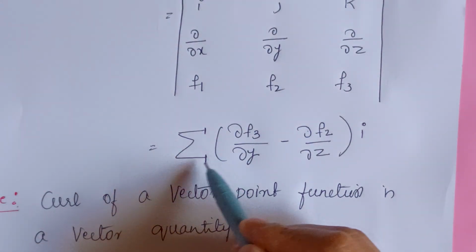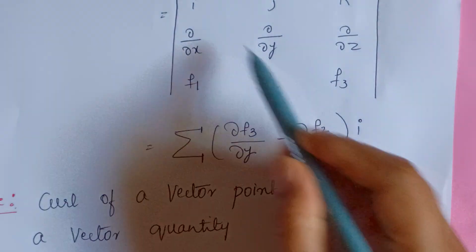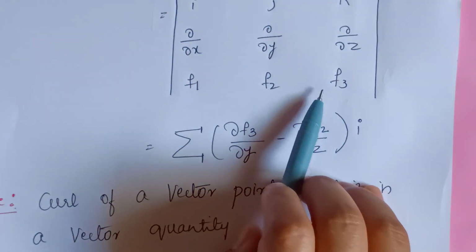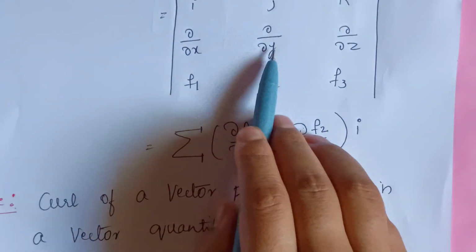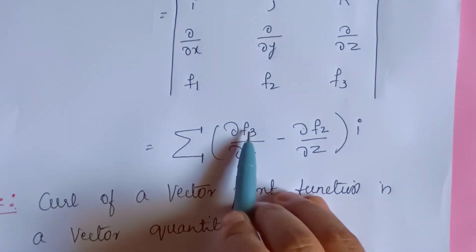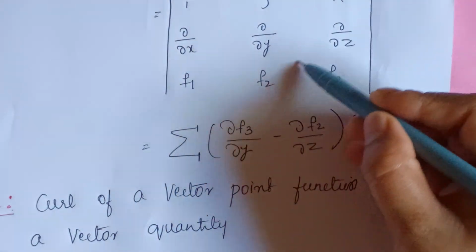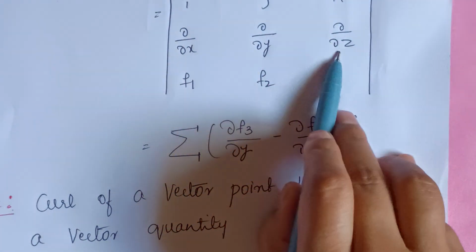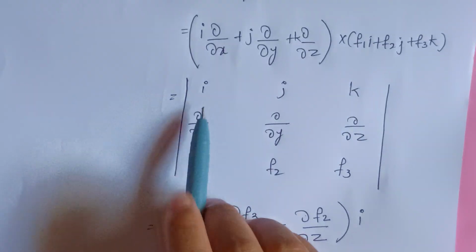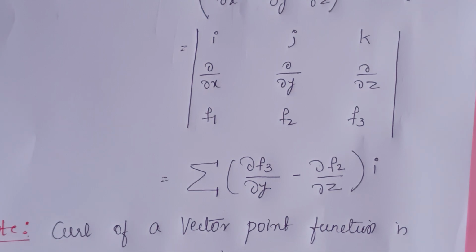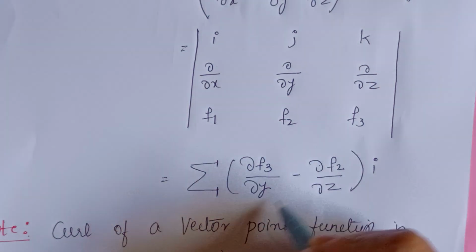Expanding, for 𝐢 we get partial differentiation of f₃ with respect to y minus partial differentiation of f₂ with respect to z, into 𝐢. Expanding the determinant, this is the summation I have written.